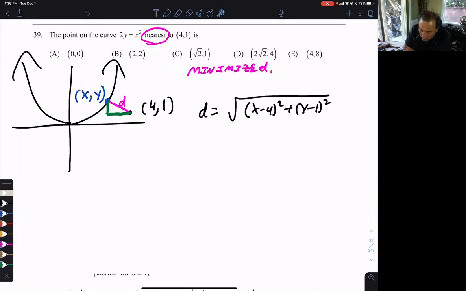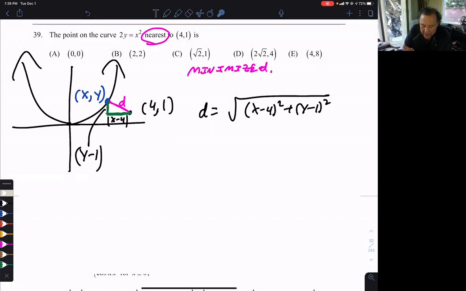That's 4 and that's x. How far apart are they? You would say 4 minus x, but I'm going to say the absolute value of x minus 4 is that distance. And then how far apart are these two? That's y, that's 1. So that distance here would be y minus 1.